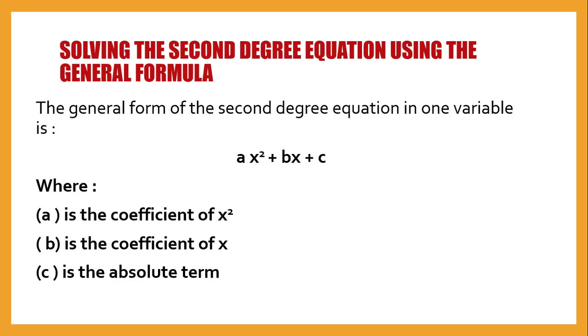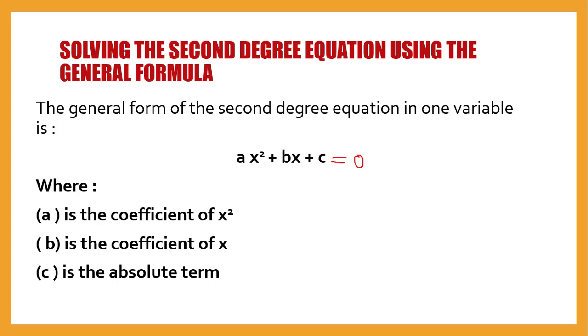If you want to solve a second degree equation algebraically, we studied before in Prep 2 how to solve them using factorization. In this lesson we will use another method, which is the general formula. Look here, we have a second degree equation in one variable, x: ax power 2 plus bx plus c equals 0. a is the coefficient of x power 2, b is the coefficient of x, and c is the absolute term.